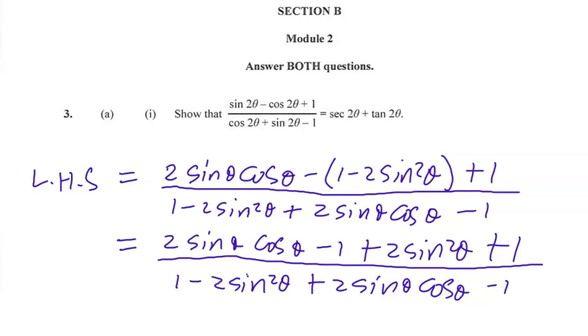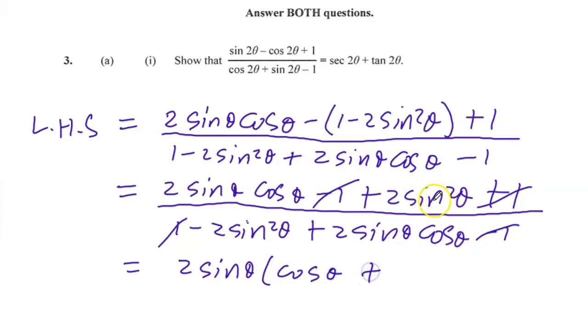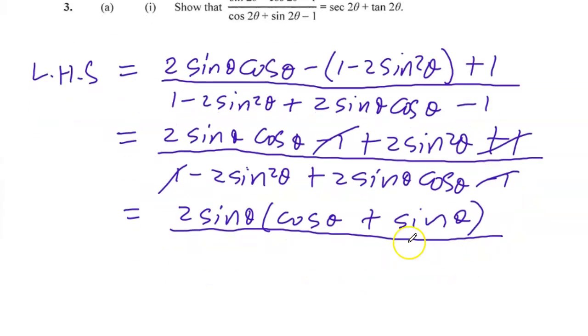Notice in both the numerator and denominator, negative 1 plus 1, that's 0. And this 1 and this 1, that's 0. So we could factor 2 sine theta in the numerator. 2 sine theta factored from here will be cos theta, and from here will be sine theta, all upon, and I can factor 2 sine theta again.